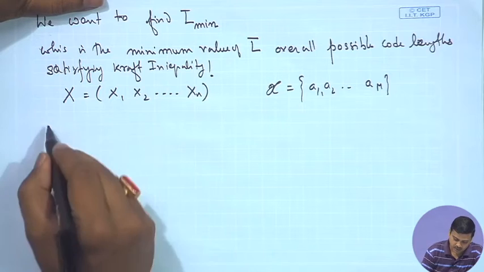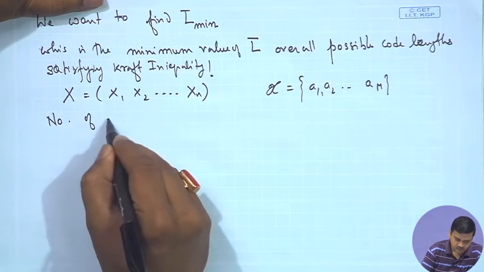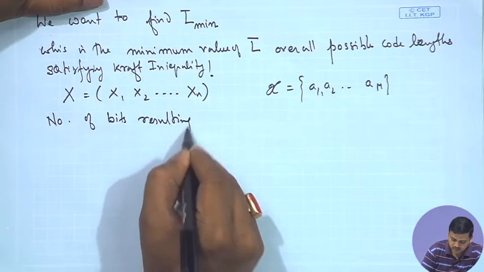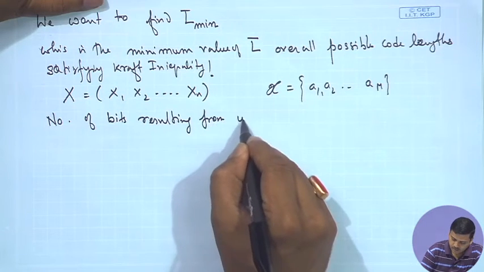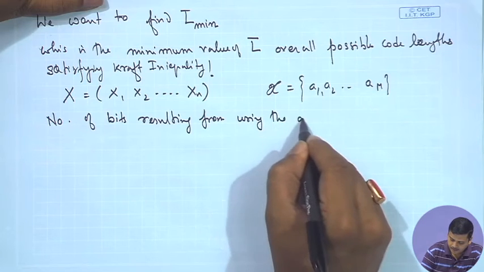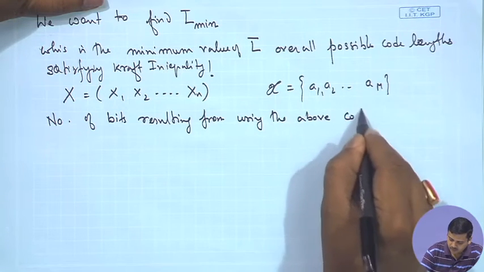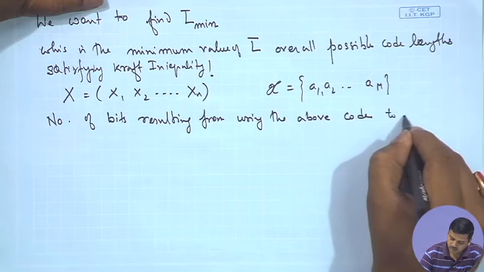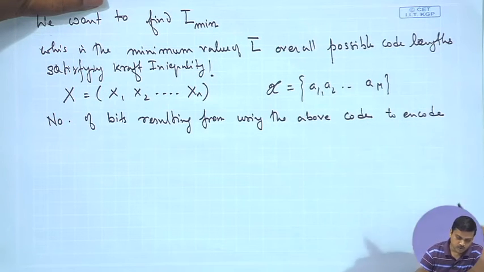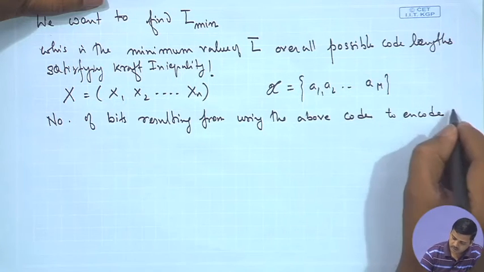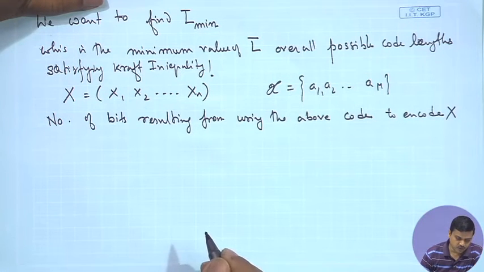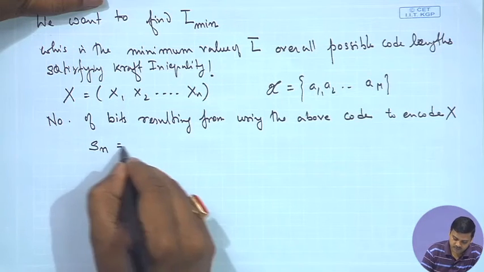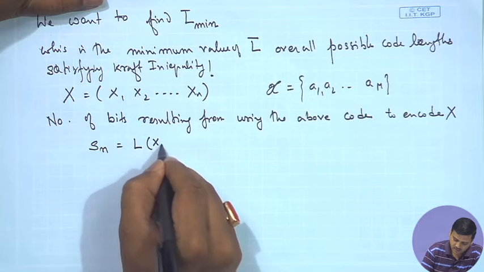Now, the number of bits resulting from using the above code to encode this long block, or to encode x, let us say in short. So, we could say that S n is the sum of these bits, which is length of x 1.